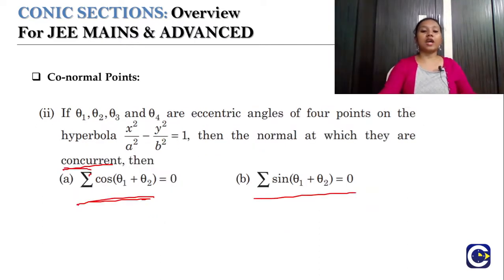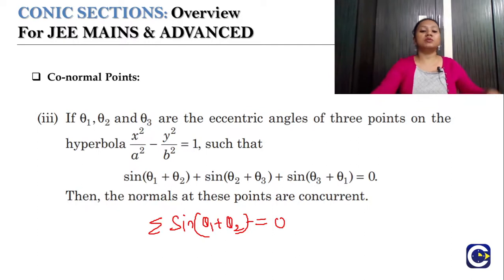Like how we have for 4, if the eccentric angles of the 4 normal points satisfy these 2 conditions, then we can say those normal points are concurrent. Similarly the same thing with the 3 eccentric angles of 3 normal points on the hyperbola. So this is the condition for 3 eccentric angles.